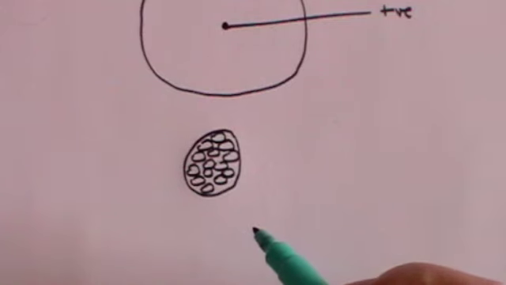But since nuclei are stable, there must be something holding them together, and whatever is holding them together is stronger than what's trying to push them apart, and the thing that's holding them together is the strong nuclear force. So we say that the strong nuclear force must be stronger, that's why it's called strong, than the electromagnetic force or the Coulomb force, which is trying to push them apart.